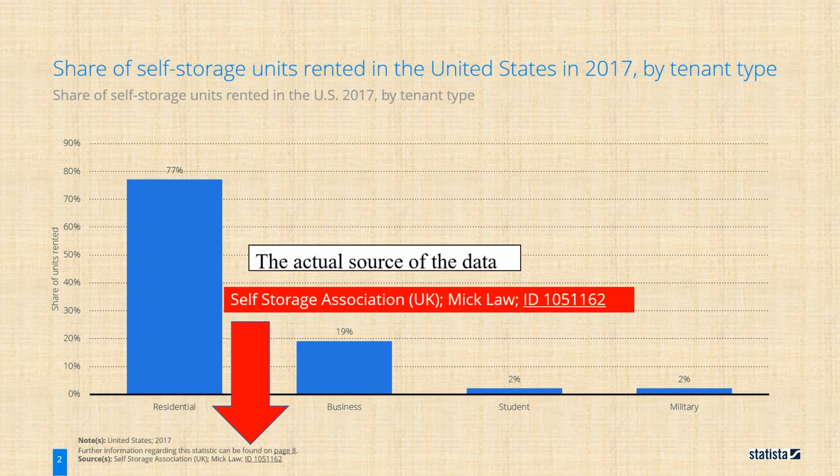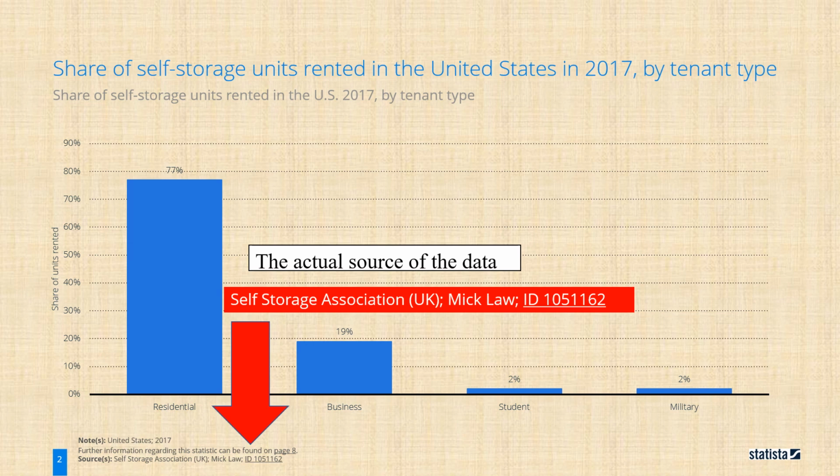You'll notice that 77% of self-storage units are used for residential. 19% are business driven, so that's 96% of them. 2% are military and 2% are students who use the storage facilities either when they are out of school or, from a military perspective, oftentimes when they are staying at different locations and they are moving or getting ready to move.